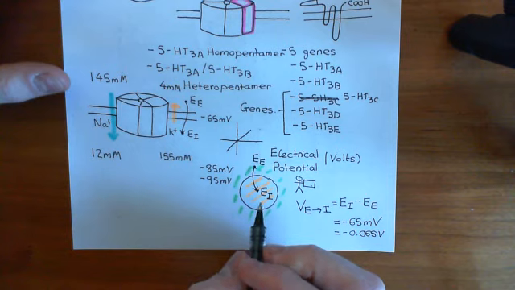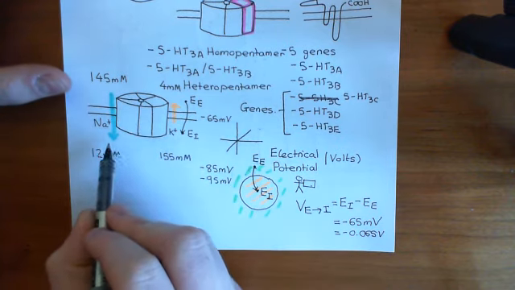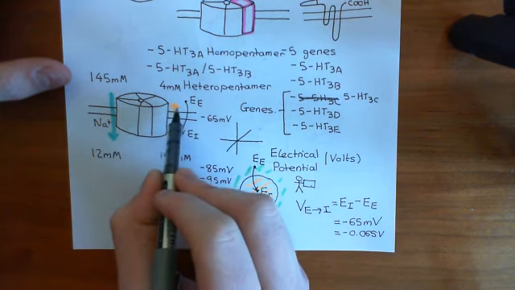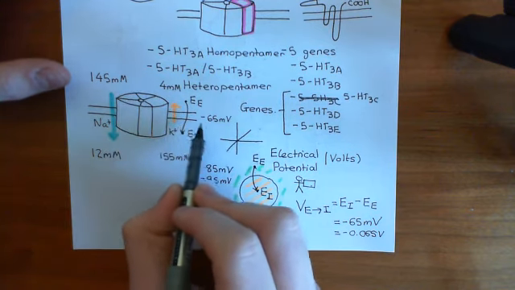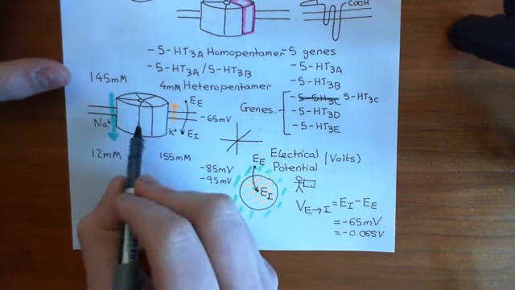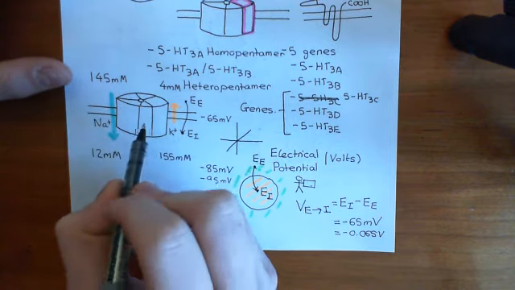So the overall message is that sodium current in is going to be large, potassium current out is going to be small, because the concentration gradient and the electrical gradient are opposing one another. So overall you're going to get a lot of sodium ions moving in and a few potassium ions moving out.